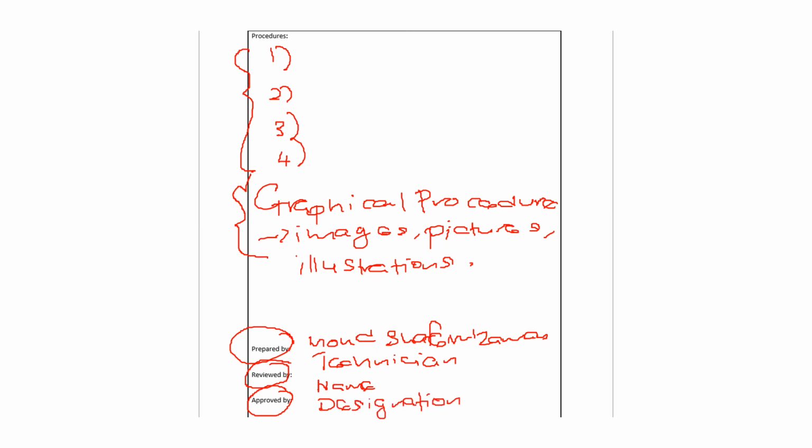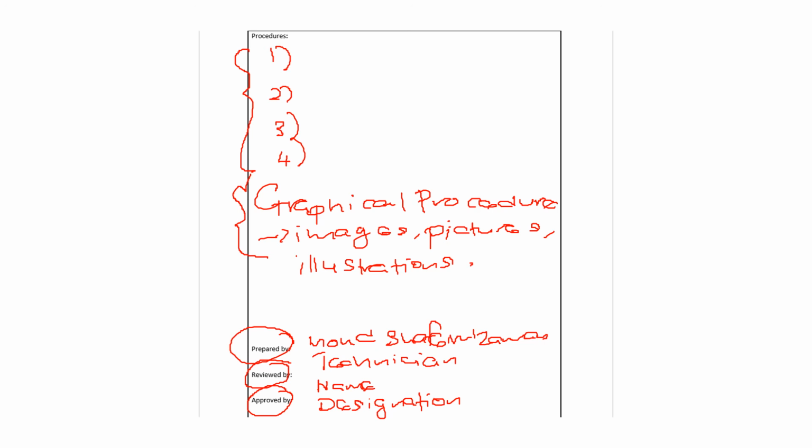Let's say the name of the reviewer is John Wick. So the designation is the supervisor. And then approved by, maybe it's going to be the head of the technician. For example, the name of the head of the technician and then the designation. So these are the important pieces of information that you need to include when you are doing this activity.